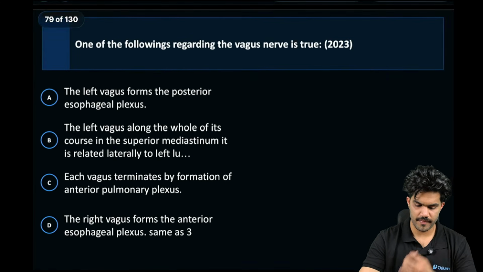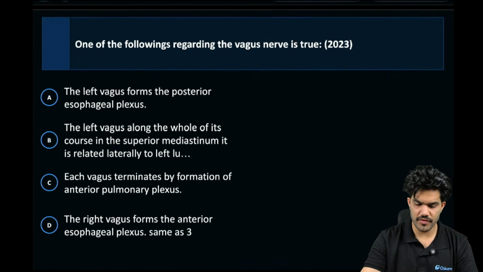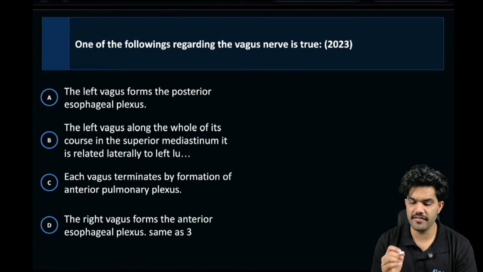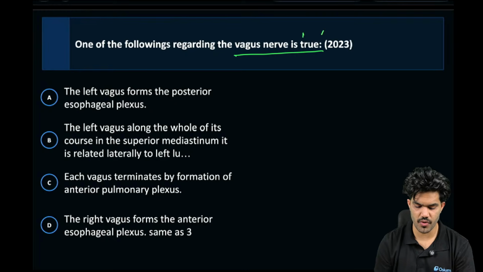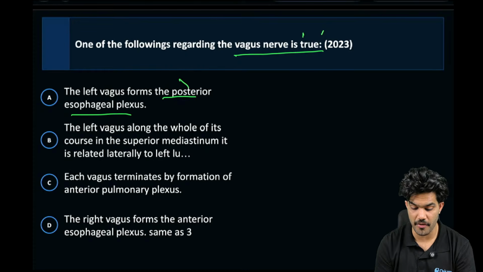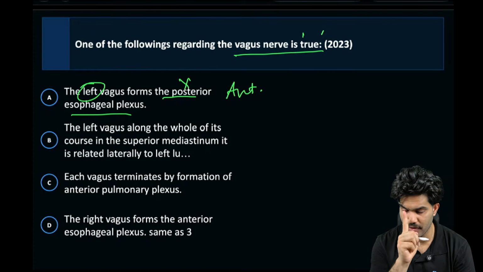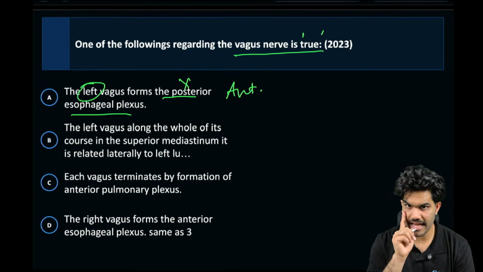Now, one of the following regarding the vagus nerve is true. Let's see which is true. The left vagus forms the posterior esophageal plexus. No, left vagus always forms the anterior. This topic is important, guys. They can confuse you.